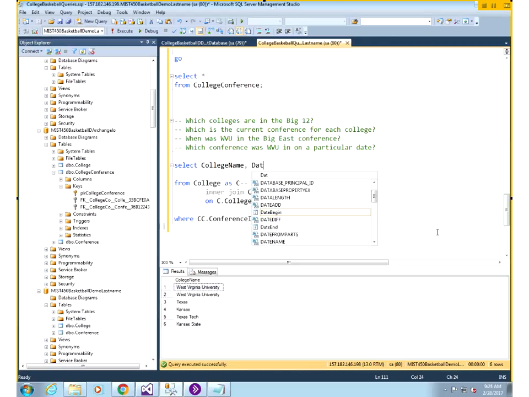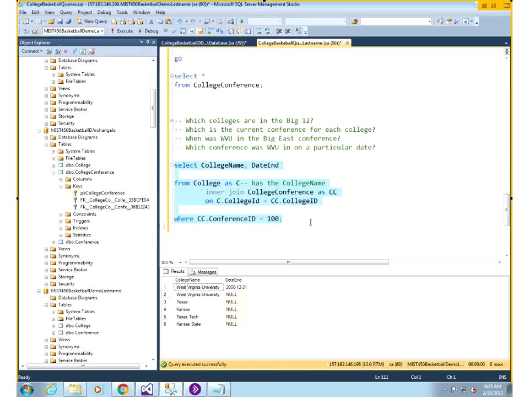Okay, so you wanted the date end, and I can see why. So this is interesting. If you are using this in the present tense, it means that you're only interested in those that are there currently.